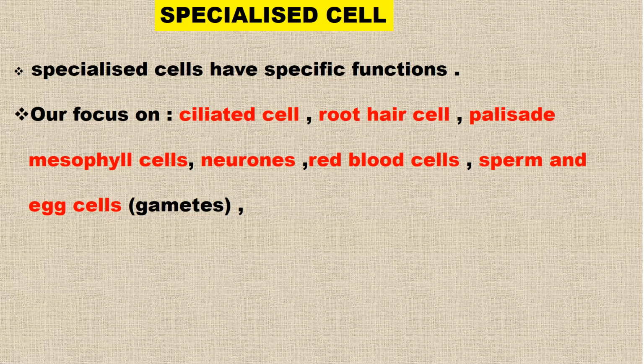Specialized cells, let us look at the specialized cells. Now, when you talk of specialized cells, we know that a cell is made from already existing cells. When these cells are made, when they are still small or young, they are the same in terms of what they contain, shape, and also structure.